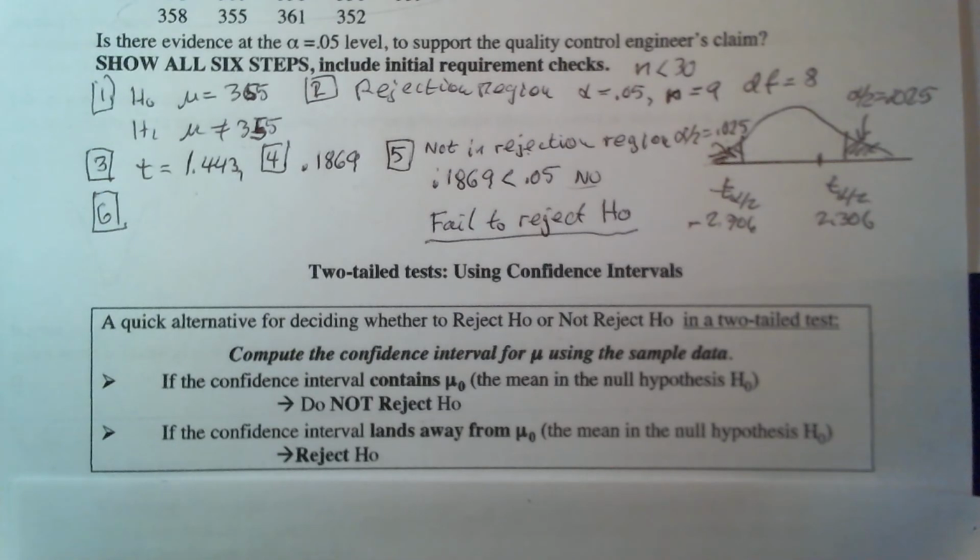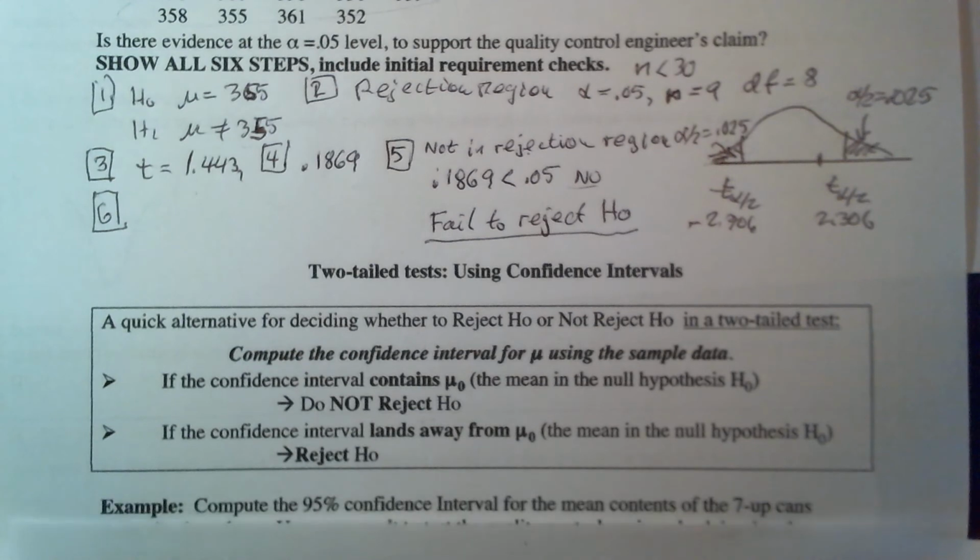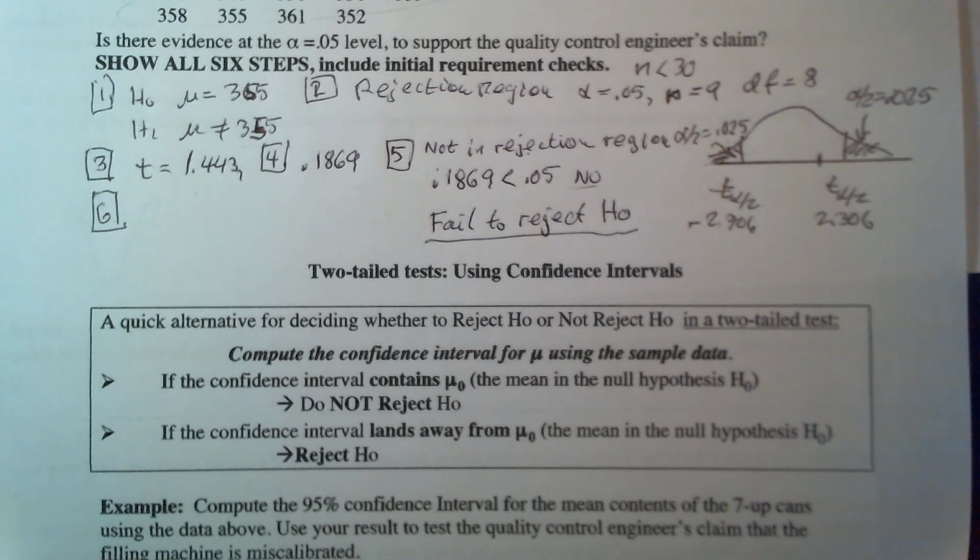If the confidence interval lands away from mu sub 0, then we do reject the null hypothesis. So compute the 95% confidence interval for the mean contents of the 7-Up cans using the data above that we just went over. Use the result to test the quality control engineer's claim that the filling machine is miscalibrated.